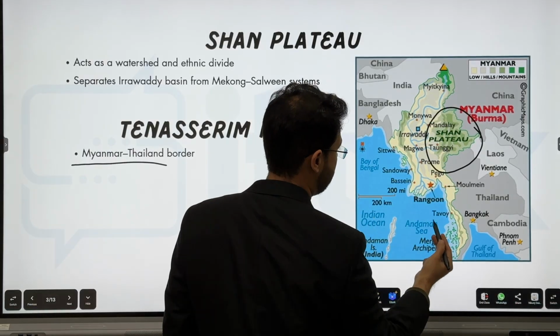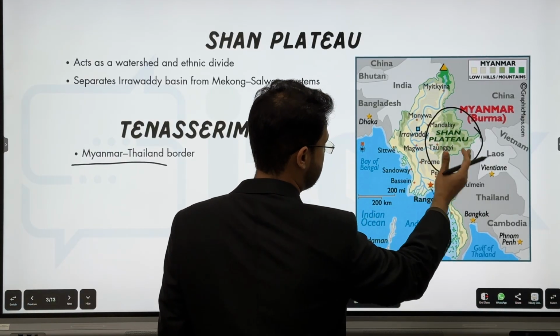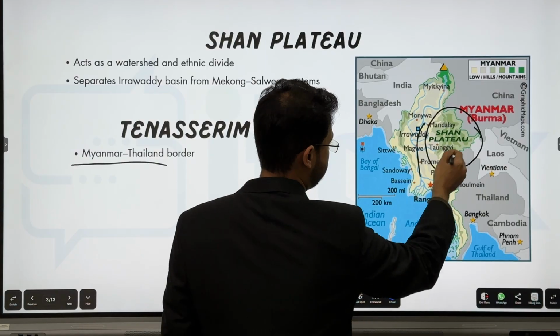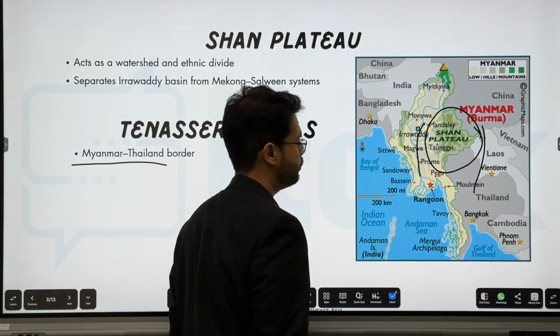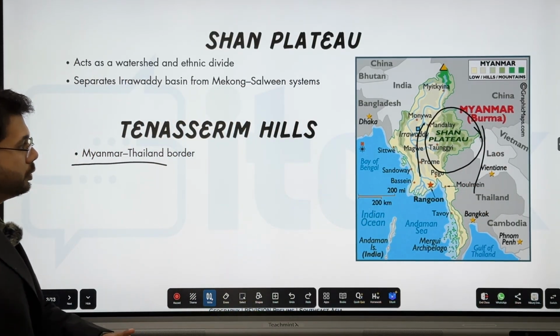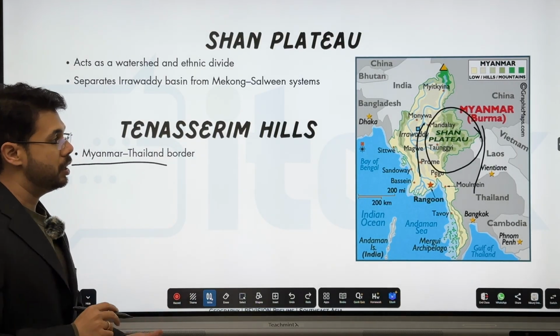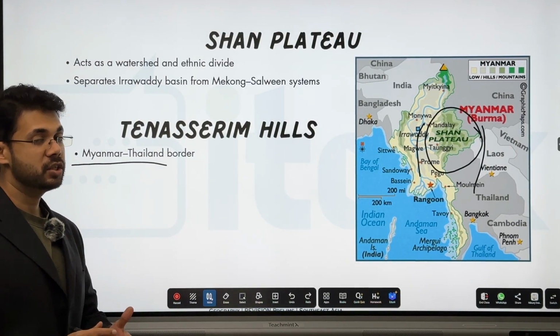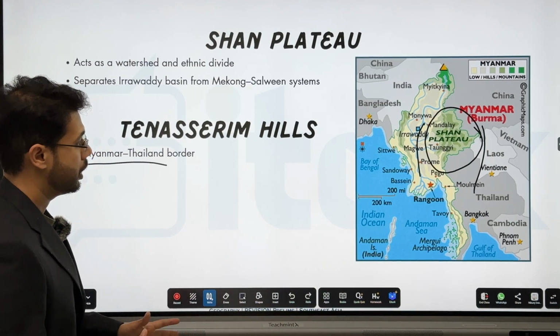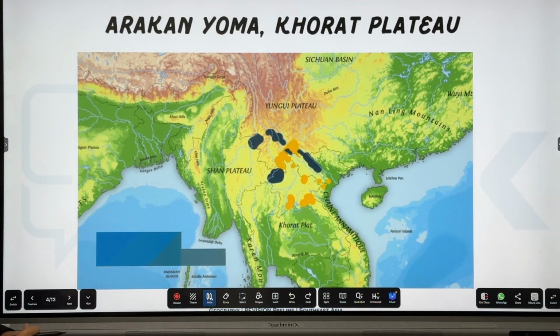For us, it is important because this forms a boundary between the Irrawaddy and the Salween River. That's all you need to remember, because this is in relation to some of the insurgent groups as well.